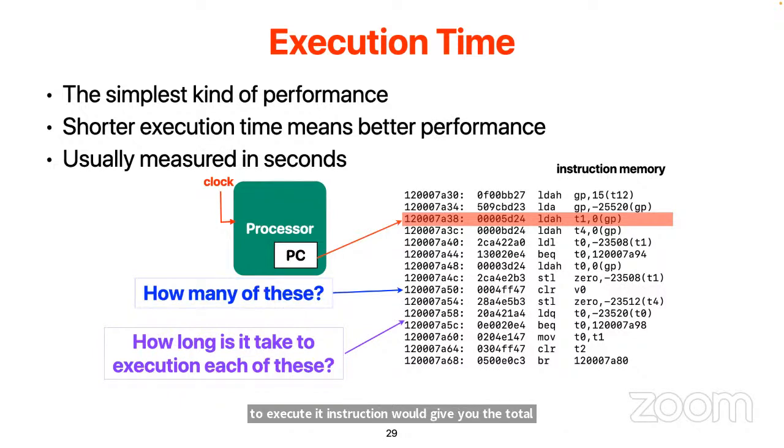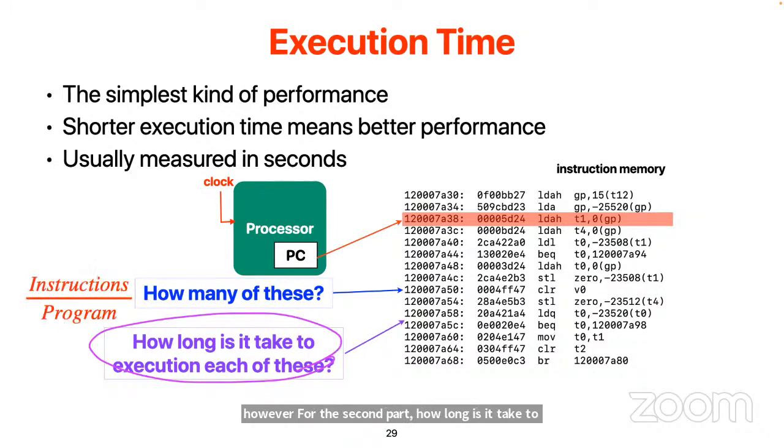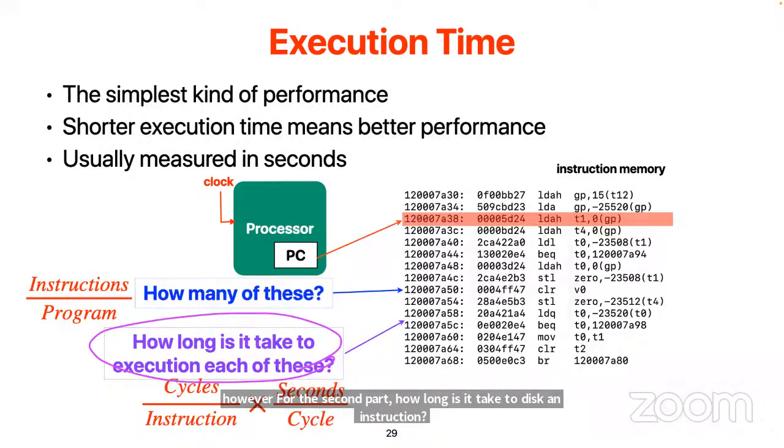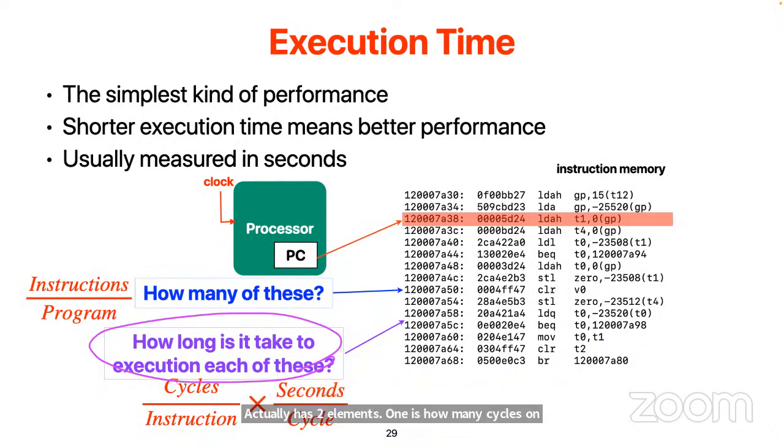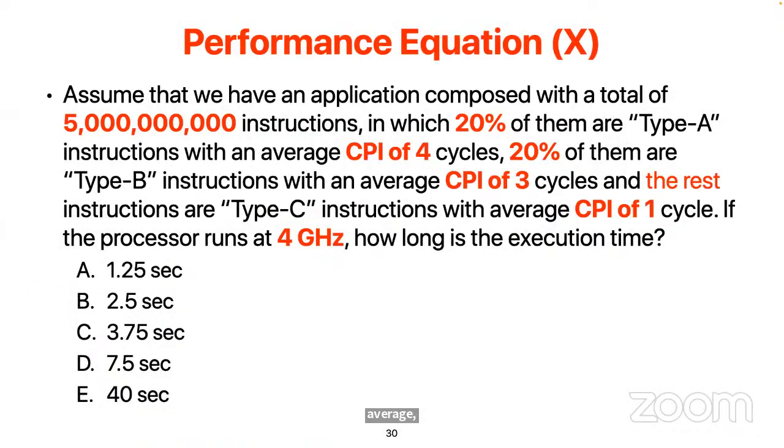However, how long it takes to execute an instruction has two elements. One is how many cycles on average we need to execute an instruction, and second, how much time it takes for each cycle. That's the whole idea of execution time.